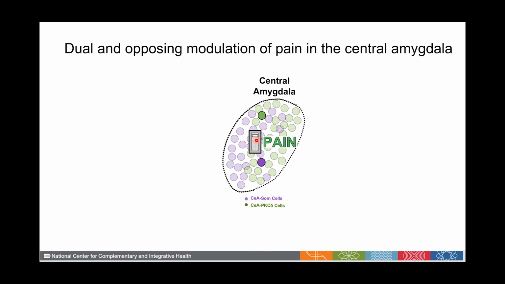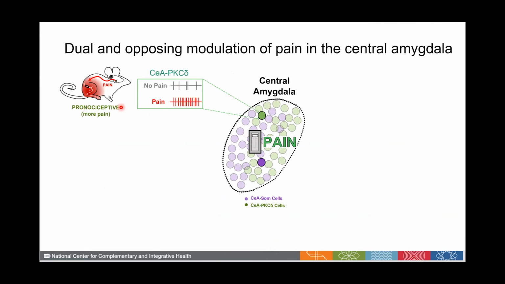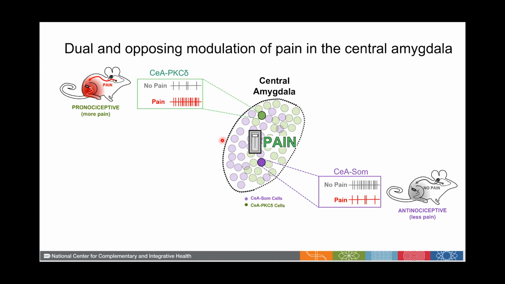So this is just a cartoon of what we have found. We postulate that the central amygdala functions as this pain rheostat that can drive pain up and down, with the mechanism being cell type specific, so that PKC delta neurons have increases in excitability and drive hypersensitivity, whereas the somatostatin neurons have decreases in excitability in the context of injury, and their activity drives analgesia.